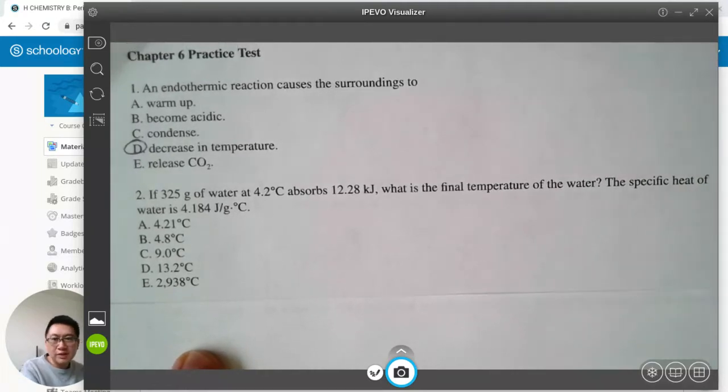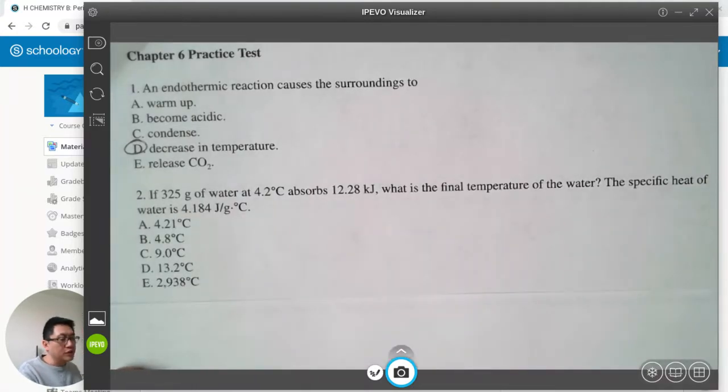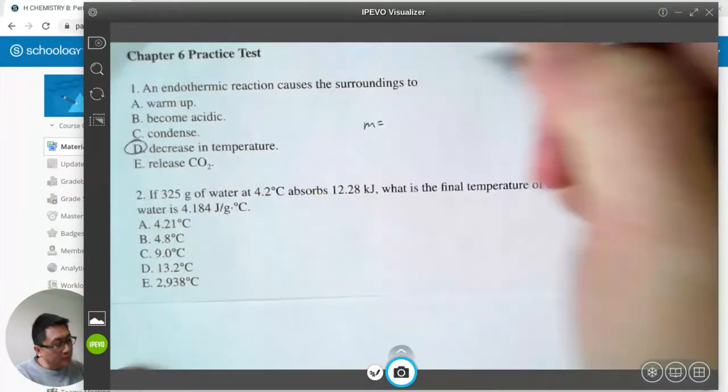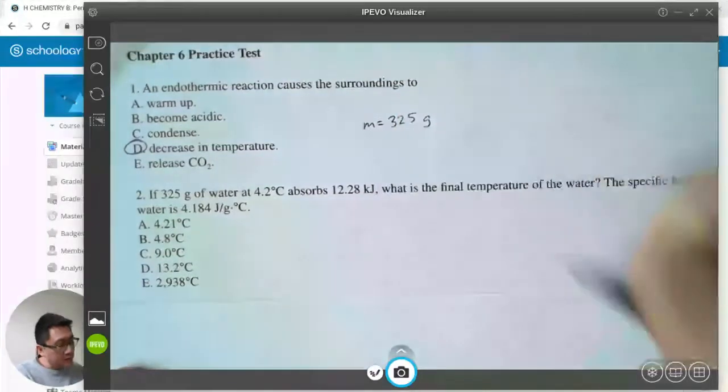Question number 2 on this Chapter 6 practice test says, if 325 grams of water at 4.2 degrees Celsius absorbs 12.28 kilojoules of heat, what is the final temperature of water? The specific heat of water is 4.184 joules per gram Celsius. I want to write down some of the givens here. The mass of the water is 325 grams.